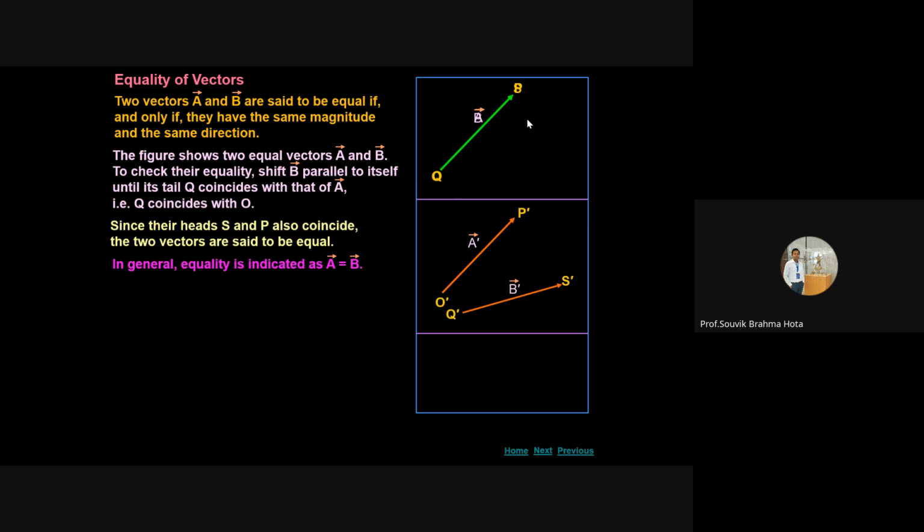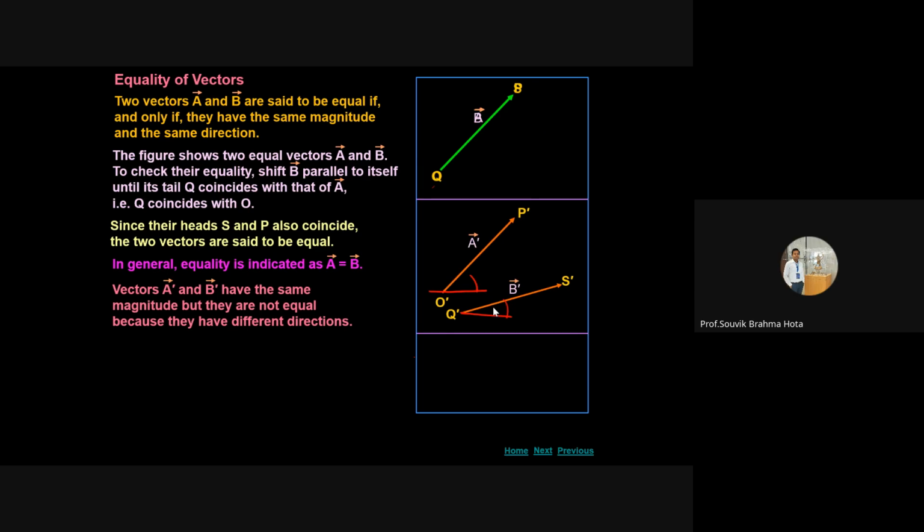Now here you see A dash and B dash, these two vectors, like O dash P dash and Q dash S dash. Here A dash and B dash have the same magnitude, but they are not equal because they have different directions. How? If you consider this is the x axis, then A vector has a different direction with respect to that x axis.